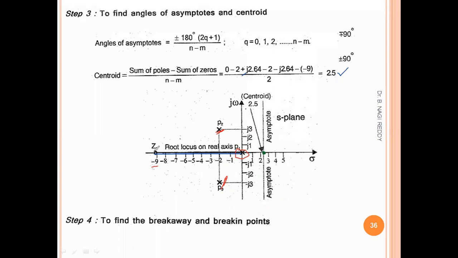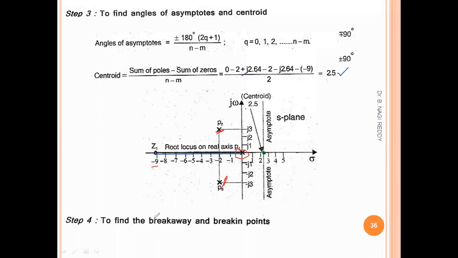In the first problem, we tried to calculate the breakaway point, because the root locus in the first problem starts at the origin and ends at minus infinity, because there is no zero in that system. So for that case, there is a chance of getting a breakaway point.